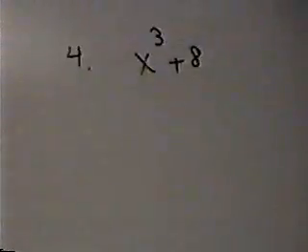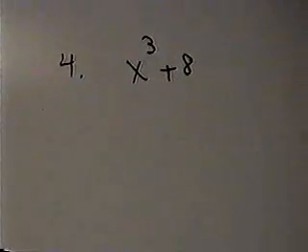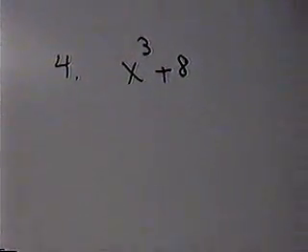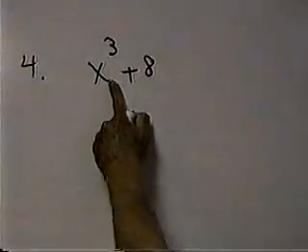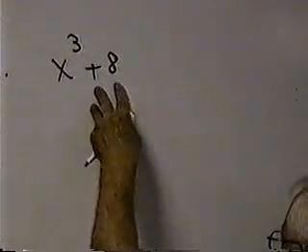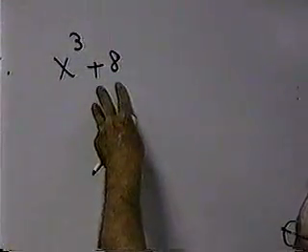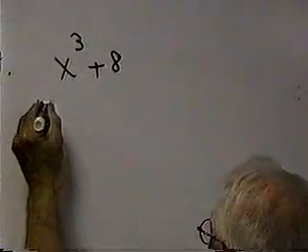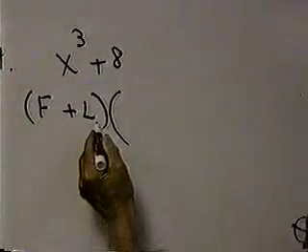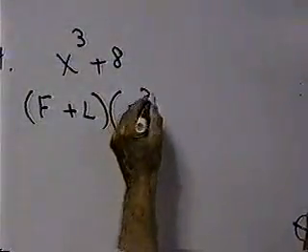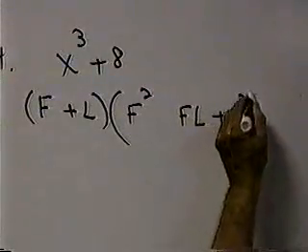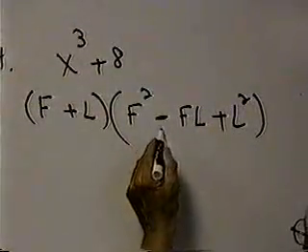Now, example 4 is a special case, just to memorize, not any kind of thinking or reasoning it out, just memorize it. If this is a cube, and this is a cube, in other words, something multiplied 3 times, then it's the first, last, first squared, first times the last, squared, and opposite sign, whatever this is.